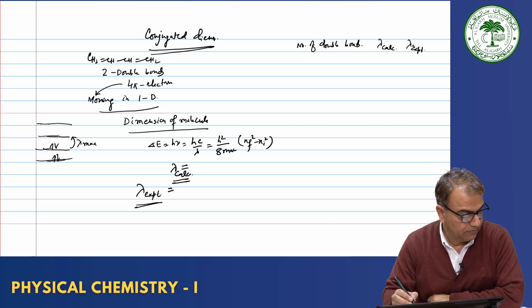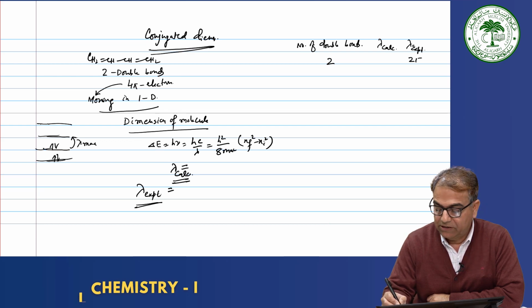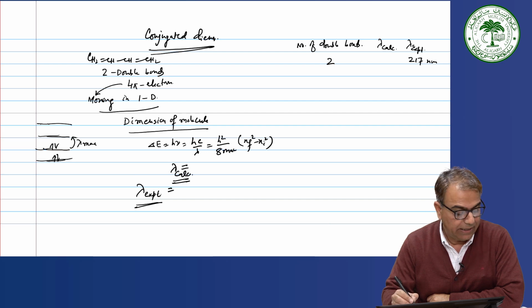If you have 2 double bonds, then lambda max experimental is 217 nanometer and lambda max calculated is 205 nanometer.